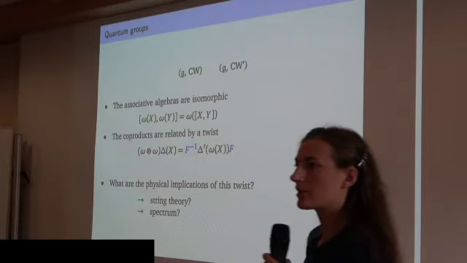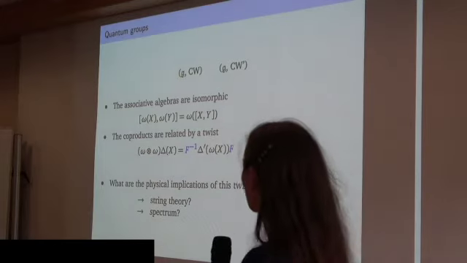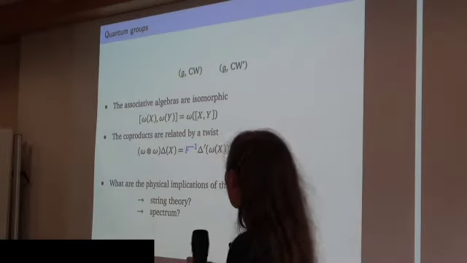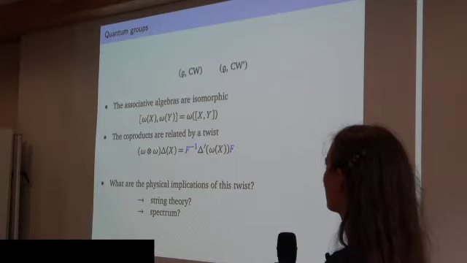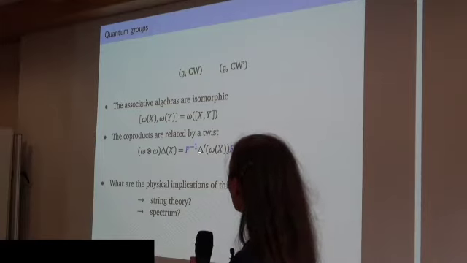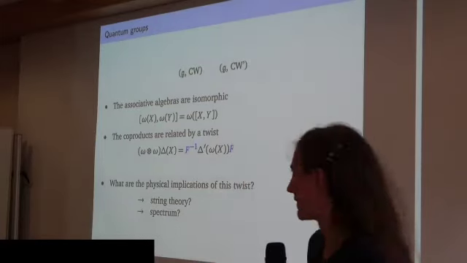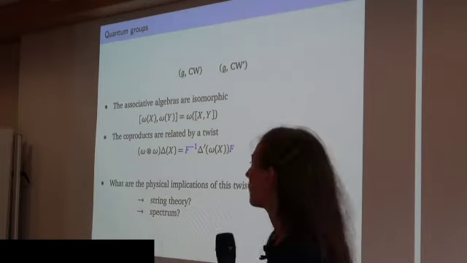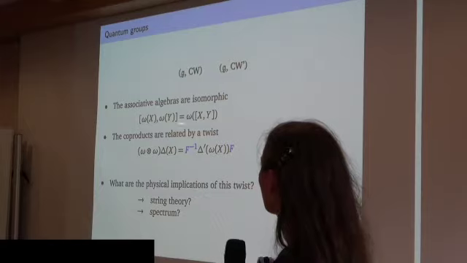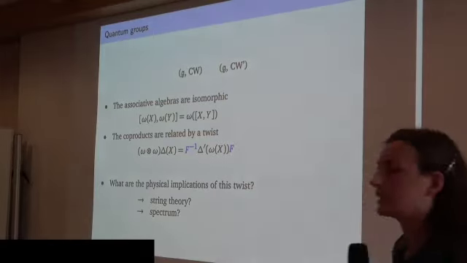However, the coproducts are related by a twist. There is this operator F that relates the coproduct for this Cartan-Weyl basis and the coproduct delta prime corresponding to the other Cartan-Weyl basis.